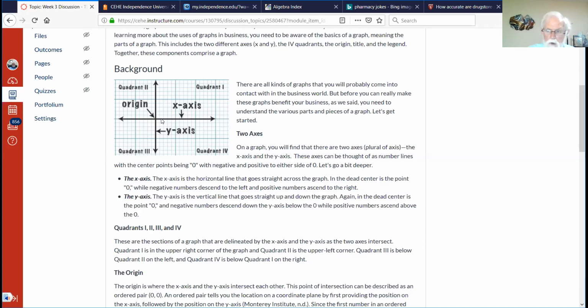Midway between them would be x equals positive 1.5. Same on the y-axis. So this point right here, 3 points over to the right on the x-axis and 3 points up on the y, would be x equals 3, y equals 3.